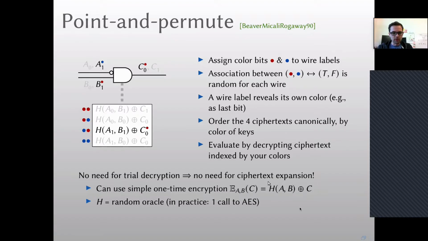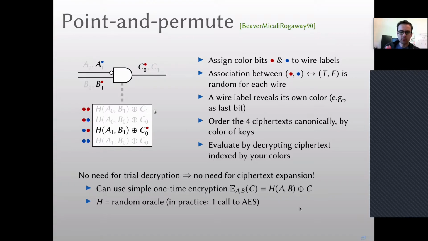If you have a random oracle, then use H of A and B as a one-time pad to mask the plaintext C. I've drawn that up here in the garbled gate. I hope you can see that still. But there's no redundancy in these ciphertexts. I just want to emphasize that.